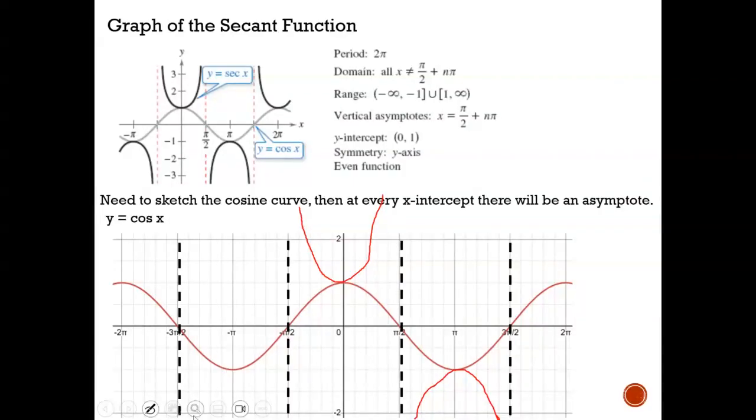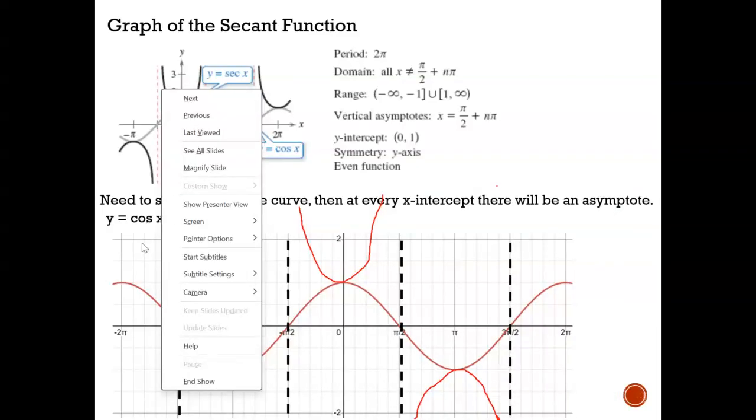That will be your secant graph. But you guys got the picture, right? So that'll be my graph. Afterwards, if you want, you can erase the cosine graph, and it'll just be the one that I just drew.